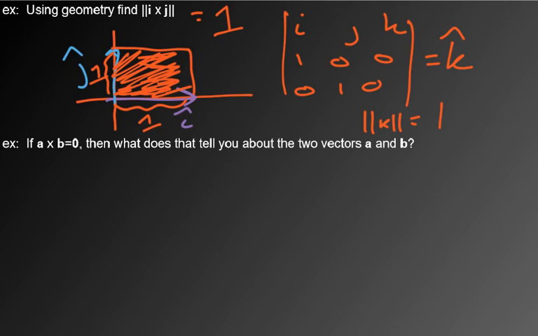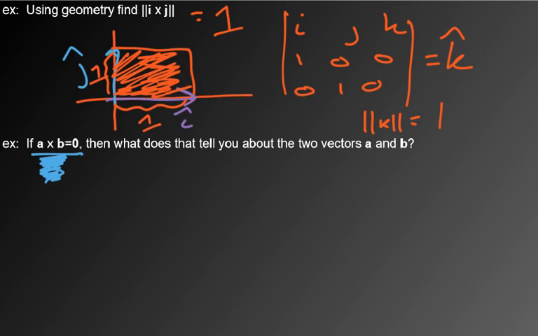And along the same lines, if you have a statement like A cross B equaling 0, it tells you something really important about those vectors. So what I want you to think about here is that this says there's no area in the parallelogram that's formed by those vectors.